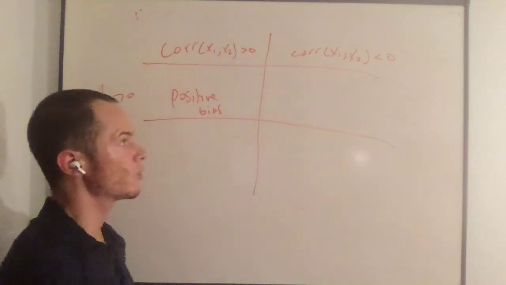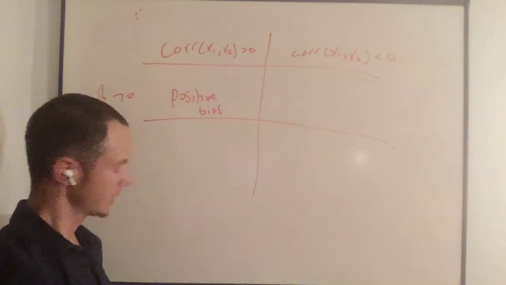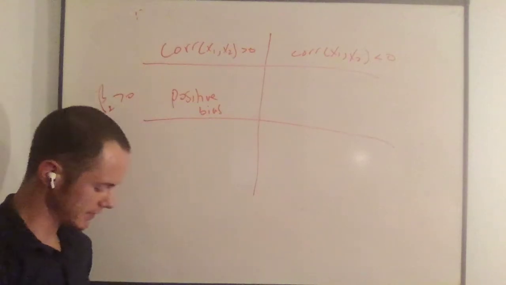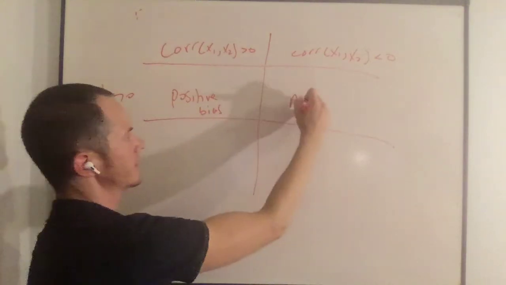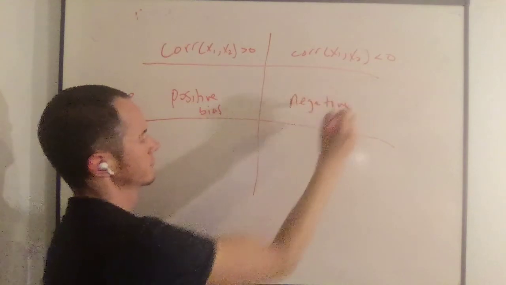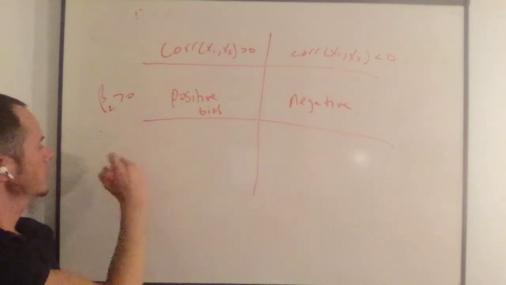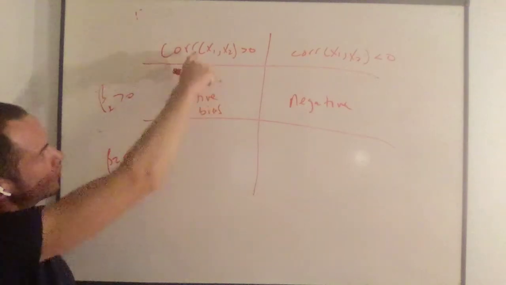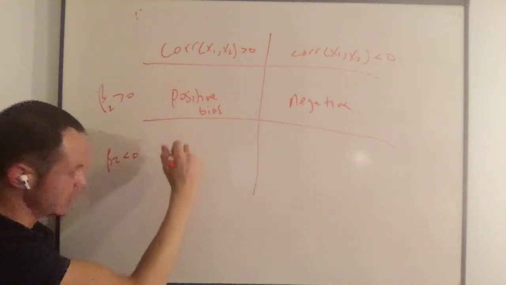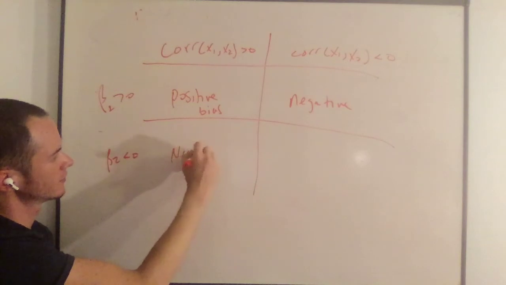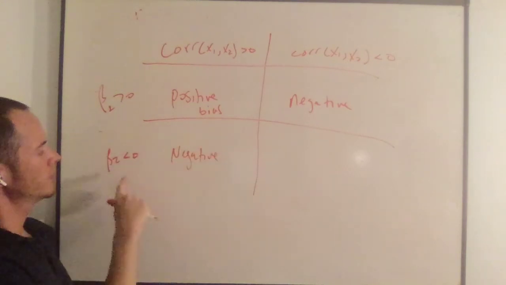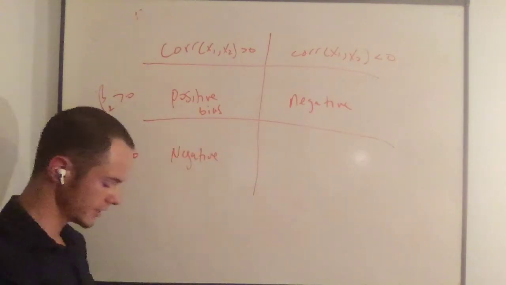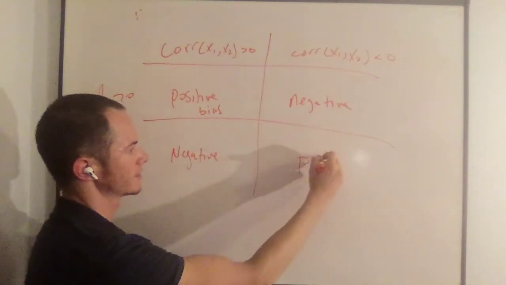In this case, with the correlation being negative and beta 2 positive, we'll have negative bias. In the case where beta 2 is negative and the correlation is positive, we will have negative bias. And in the case where beta 2 is negative and the correlation is negative, we're going to have positive bias.